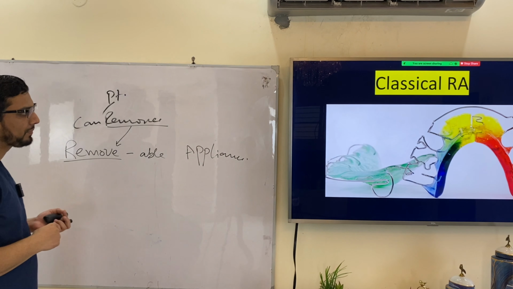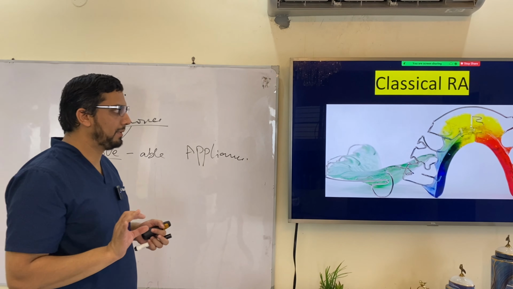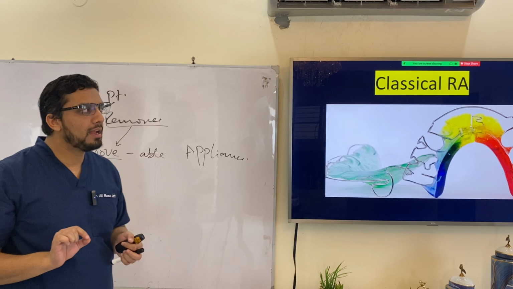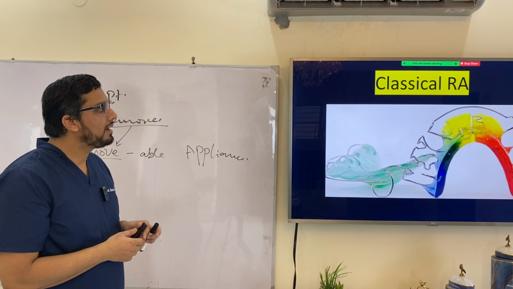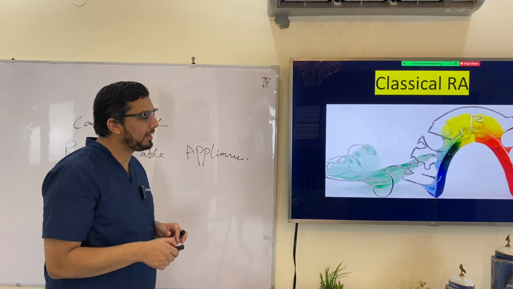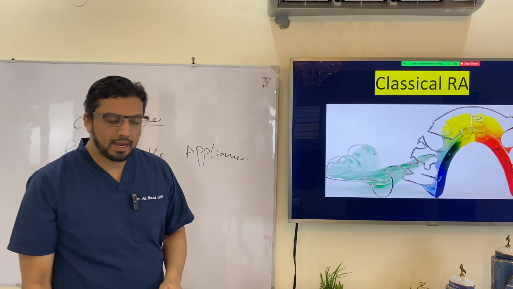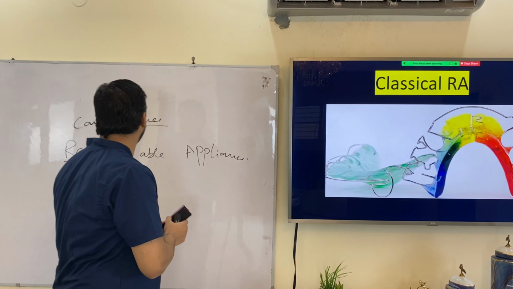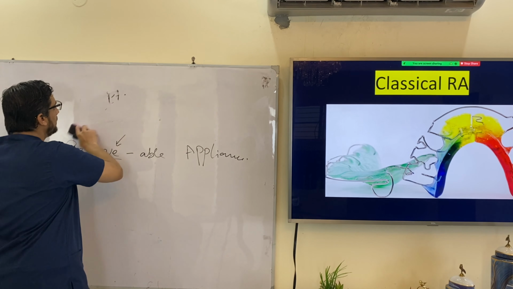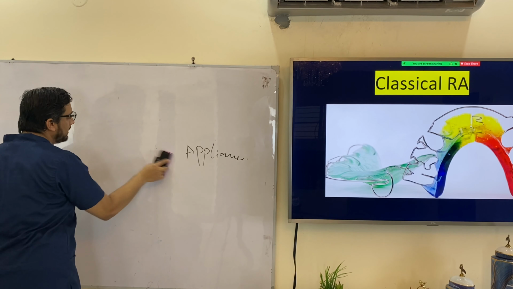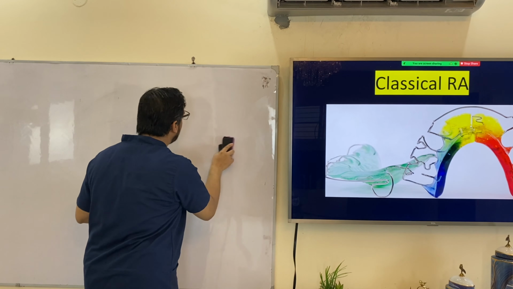However, our focus, in the classical concept, I said in the classical concept, the removable appliances are the typical appliances having the base plate and labial bows, which you make during the quota of your final year. These are the classical appliances.